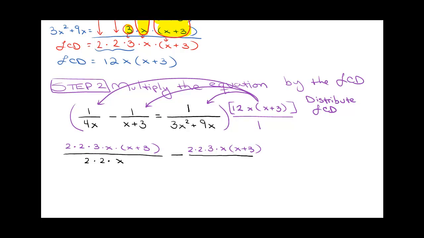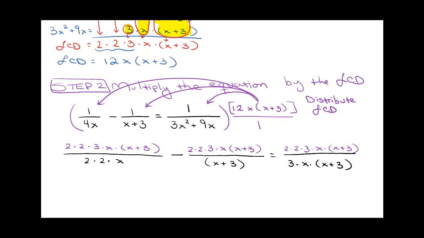And that's all over the quantity x plus 3 is equal to 2 times 2 times 3 times x plus 3. And I'm going to write that denominator factored out, so it'll be 3 times x times the quantity x plus 3. Okay, let's see what factors we can divide out.